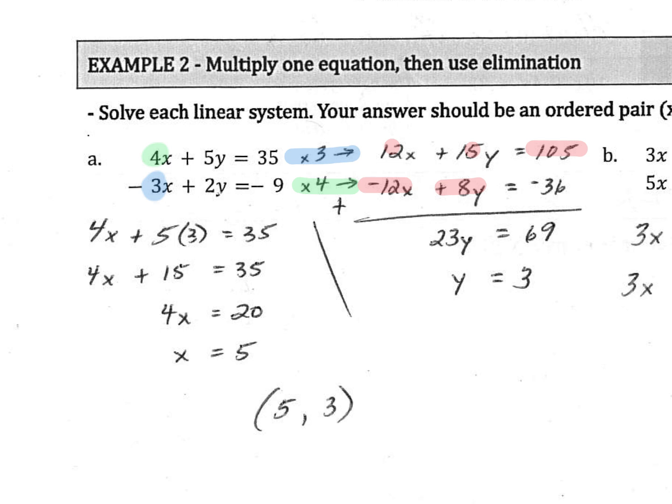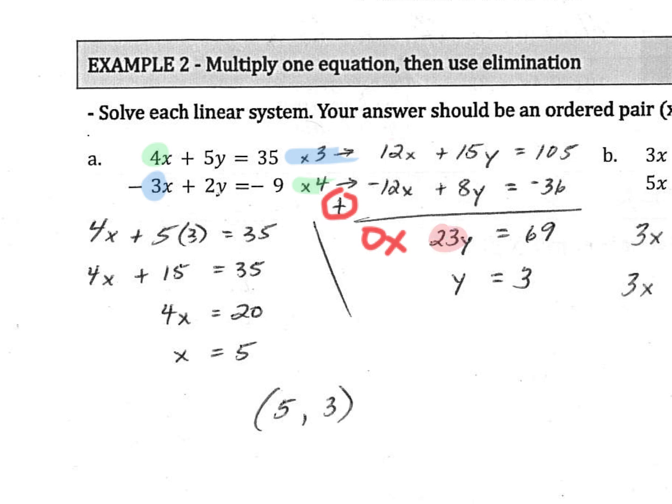When we go to add those equations together, let's look at what happens. Because I have 12 and negative 12, I'm going to add those to get 0x. So see, I put a plus sign here. I'm going to add 15 and 8 to get 23.